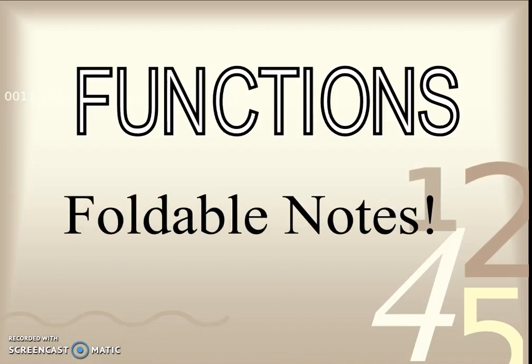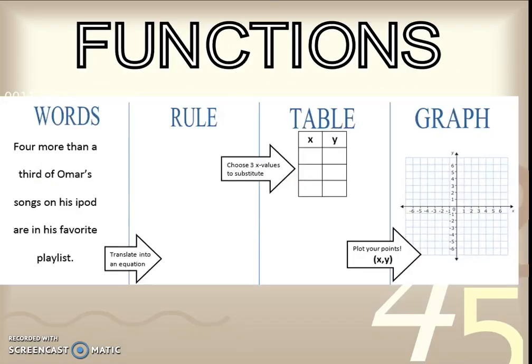Now, if you take a look at your light green foldable, you'll open it up and the top side will look like this. You'll notice that you've got 4 different sections. You've got your words, you've got your rule, you've got your table, and you've got your graph.